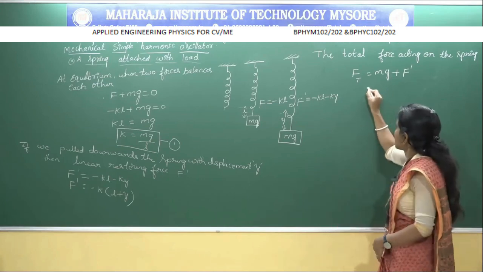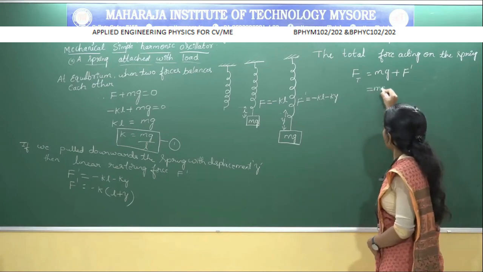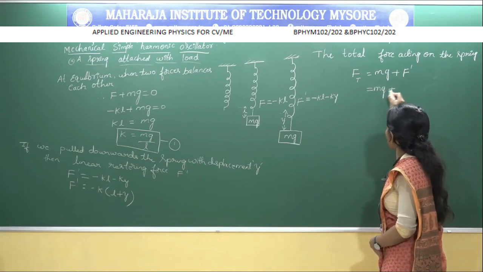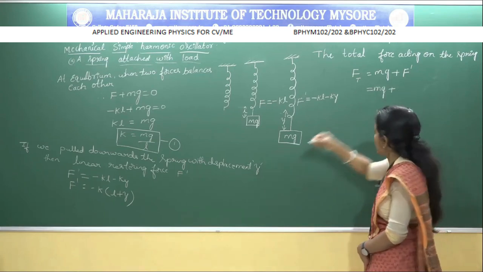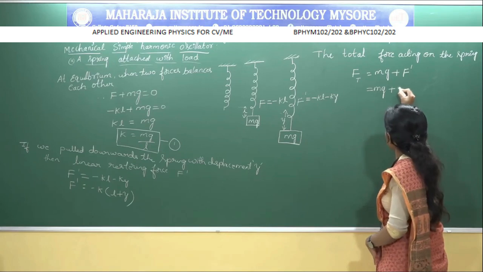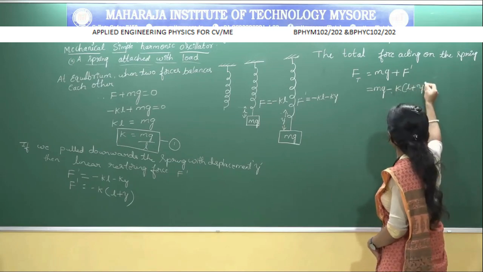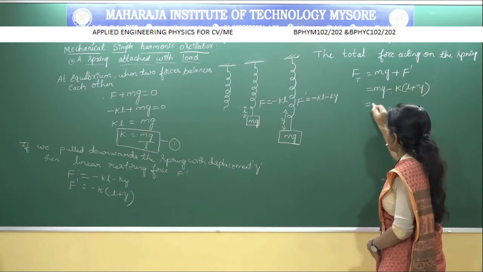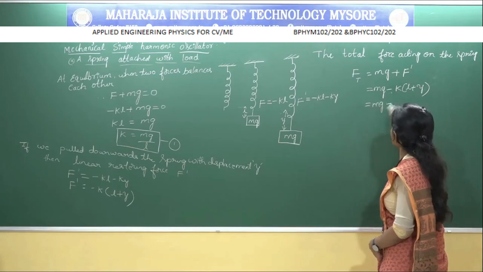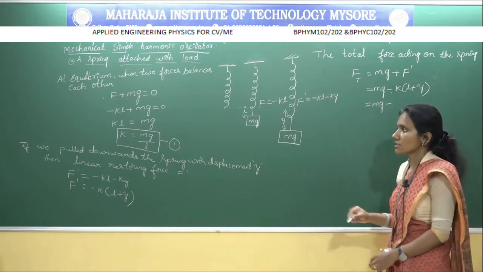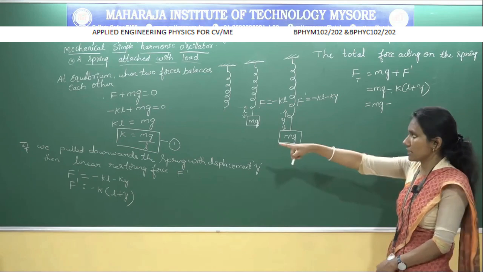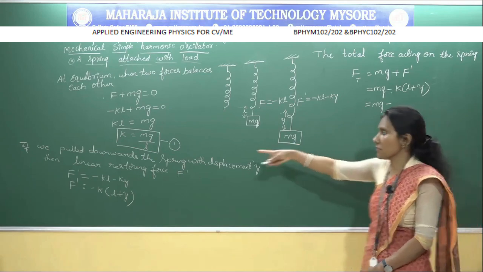So now simplify this, that is mg plus F dash we already have, directly we can write minus k of L plus y. Then if we simplify this, now substitute the k value here, that is equation 1.